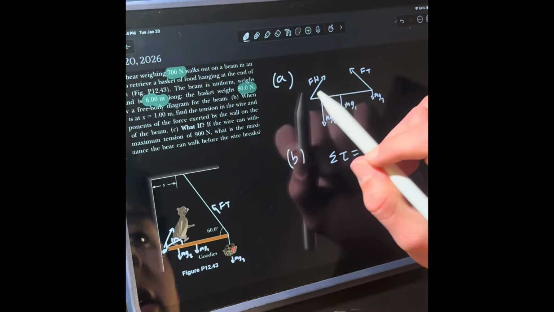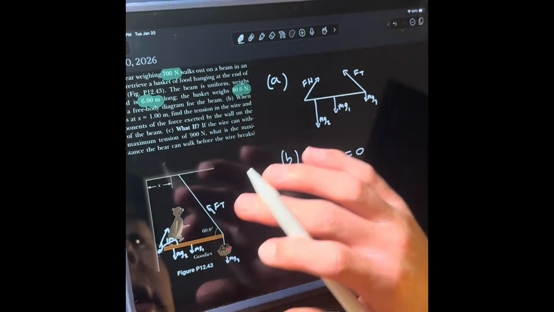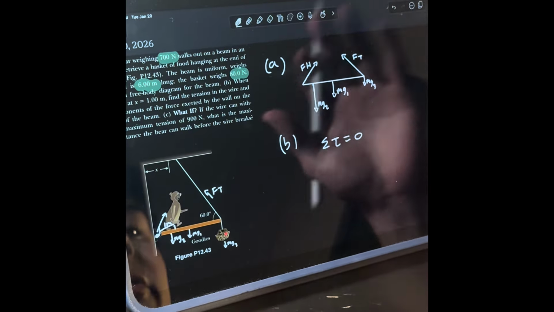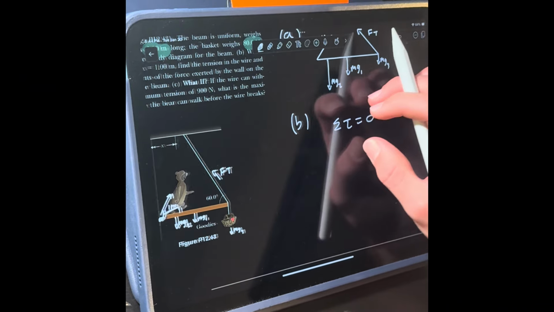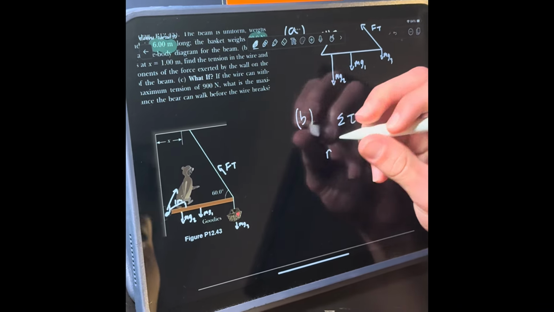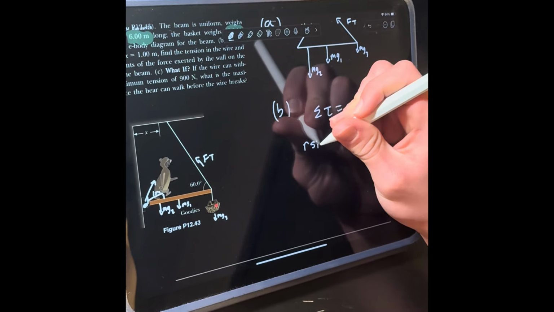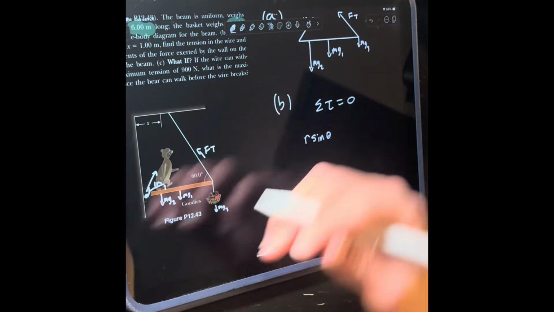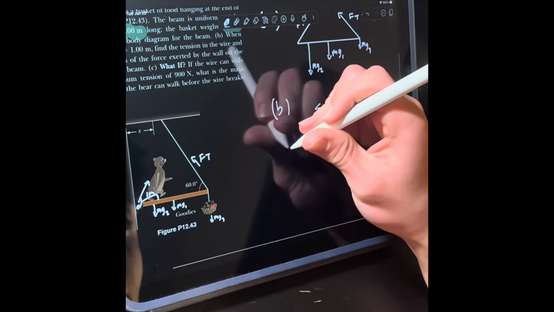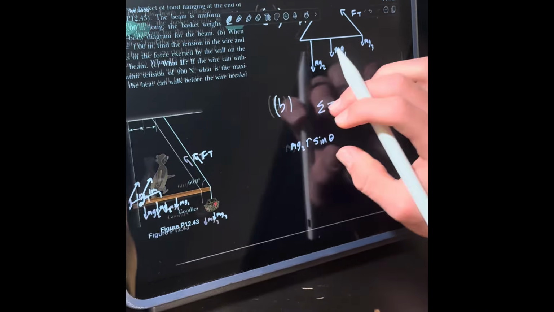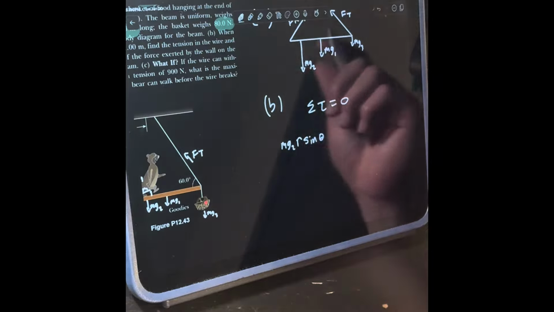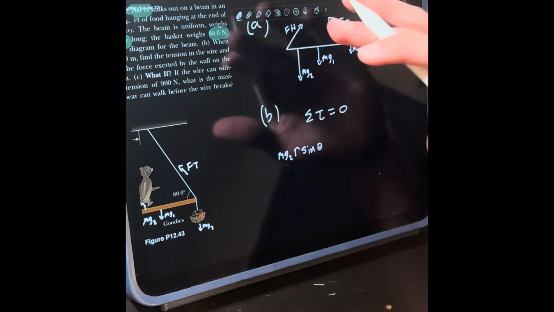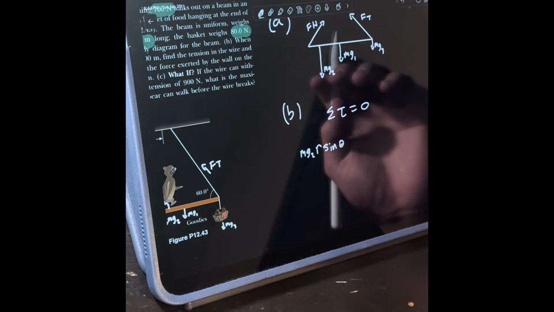The torque of the hinge does not exist since it is on the axis of rotation, so the r would be 0, therefore no torque. So we're going to write the torque of the bear: r sine theta times the force. So mg2 r sine theta, and that would be positive. All the ones going down, if you do the right hand rule, are going to end up being positive.